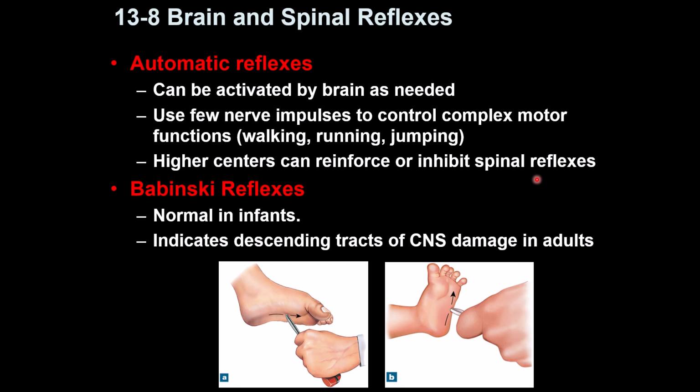So then the brain does not have to think about those specific movements, and it can think about more complicated problems. So the more you do an activity, the more you will increase the reflex for it. But the brain can inhibit a reflex. So consciously you can inhibit a reflex.